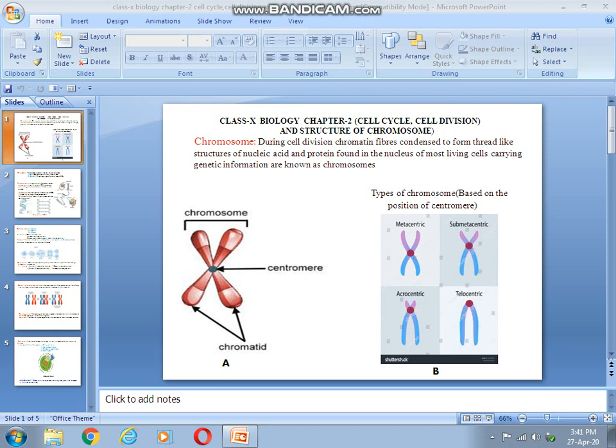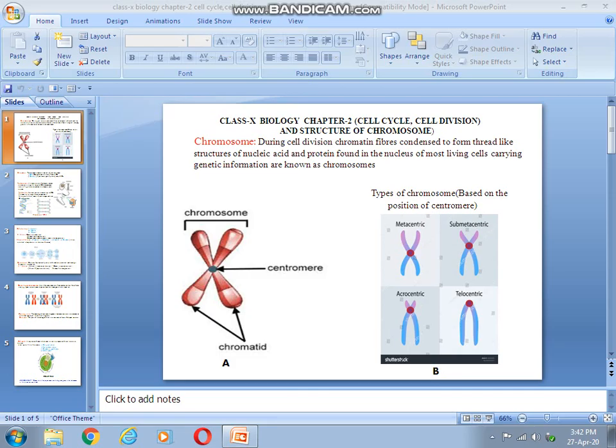Two sex chromosome, that is one pair of sex chromosome, both are X. But in human male, one chromosome is X, another one is Y. Now, what is the difference between sex chromosome and autosomes? Sex chromosome determine the sex of an individual, but autosomes cannot determine the sex of an individual. For example, whether a person will be male or female, it is determined by sex chromosome.